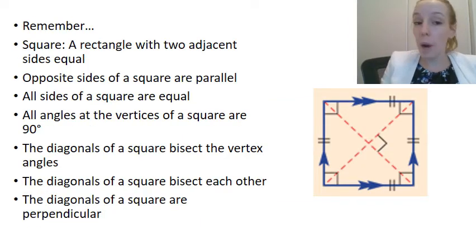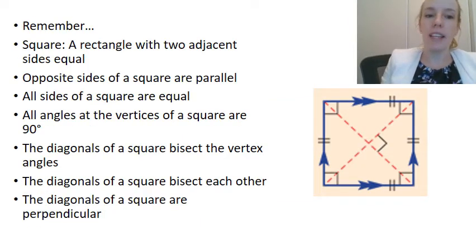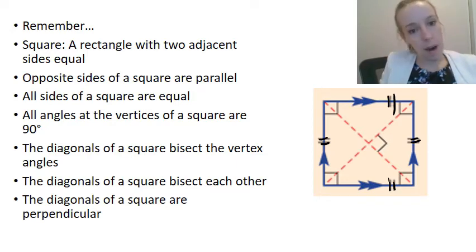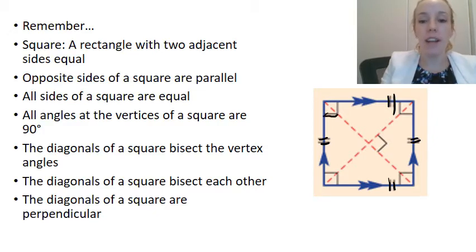So a square, remember this is kind of like a rectangle, is a rectangle with two adjacent sides equal. So all the sides are equal. Opposite sides of the square are parallel, so the top and bottom are parallel, the left and right are parallel. All angles at the vertices of a square are 90 degrees. Every single corner is at a 90-degree angle.